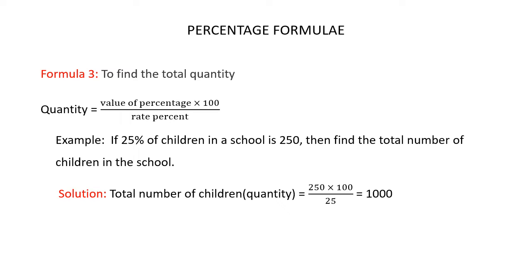Now total number of children in the school is the quantity which we have to find out. Here 250 is the value of the percentage and 25 is the rate percent. So total number of children is equal to 250 multiplied by 100 divided by 25, which is 1000. So the total number of children in the school is 1000.